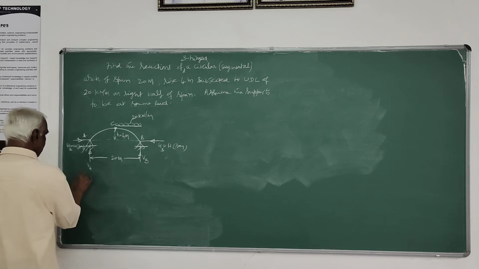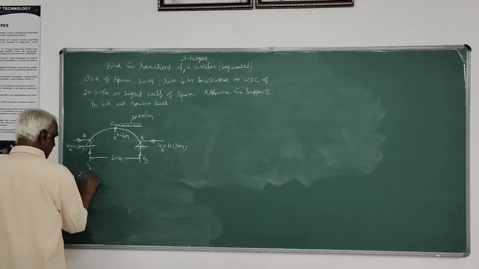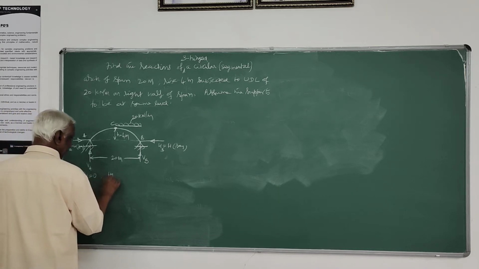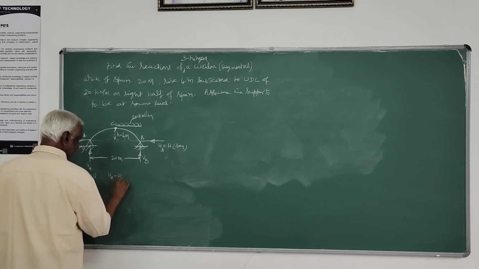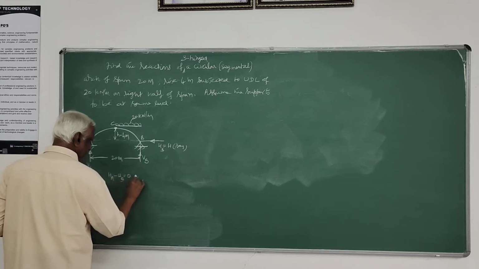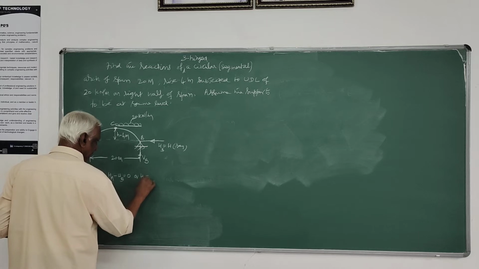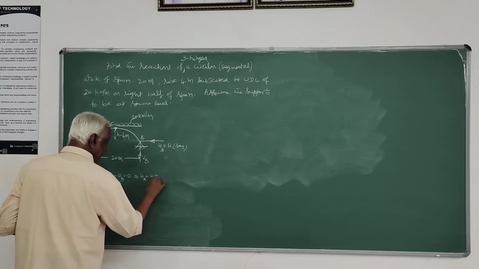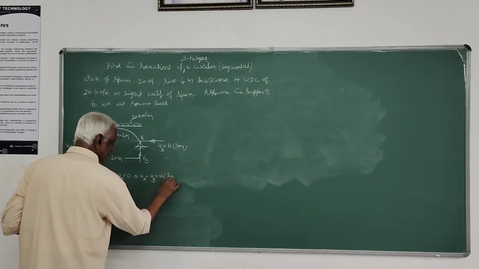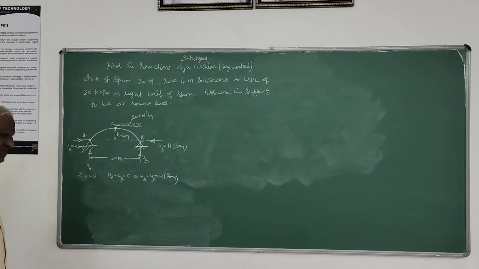So you can adopt sigma H equals 0 first, then immediately you can say HA equals HB equals H. So that is the first thing.